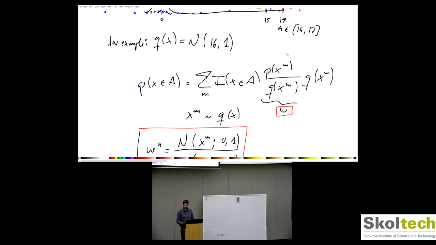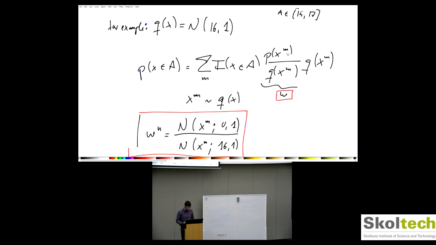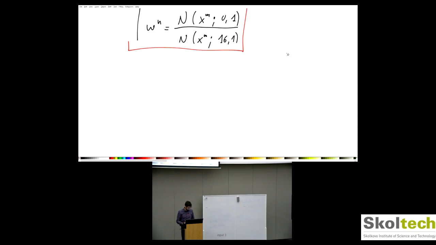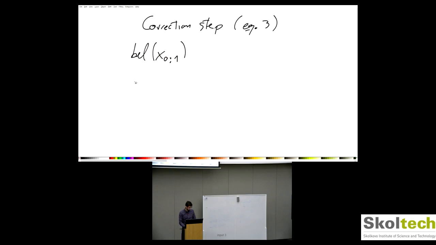So there was another question. Okay, let's move on because we still have some things to discuss. Next one is this comment: exactly, but what are we doing in the correction step, right? I think it's an interesting one. So this is equation 3 in this filter. Let me rewrite this in the following way. So this is going to be our target distribution.